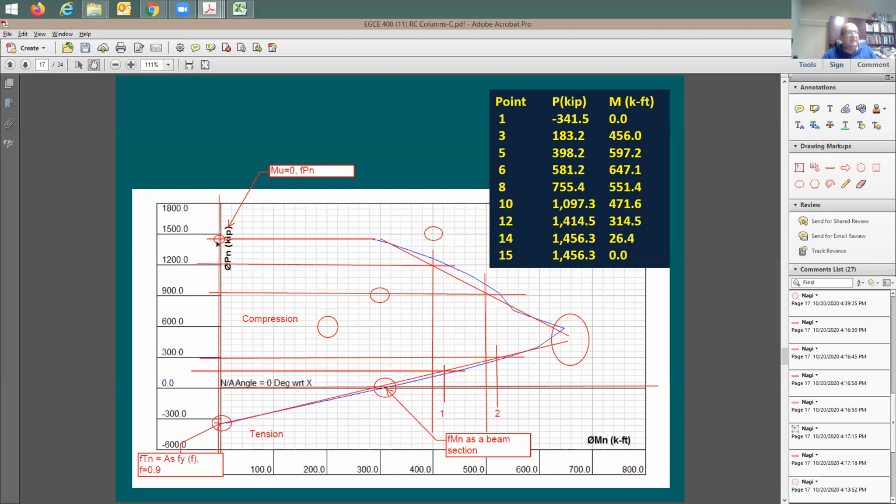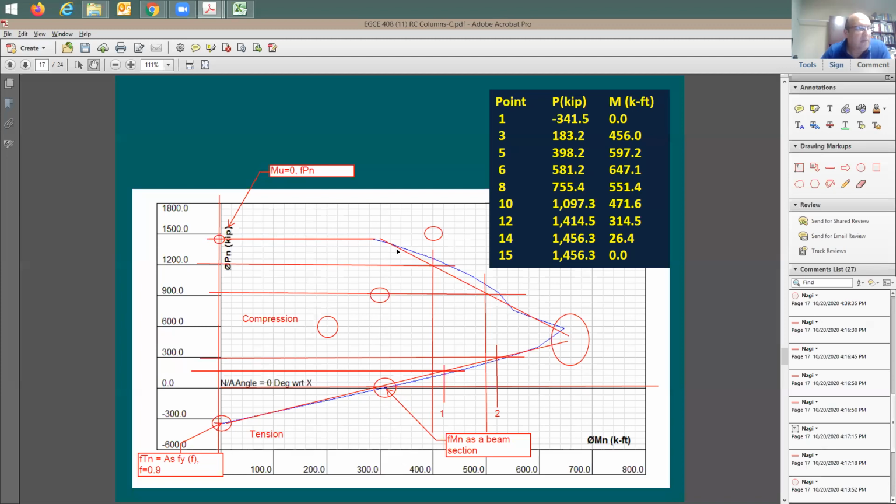How come you have the same axial load capacity, even though you start to add some flexure demand to it? Something's wrong. Does it make sense to any one of you? What's happening here? Why is this a straight line?